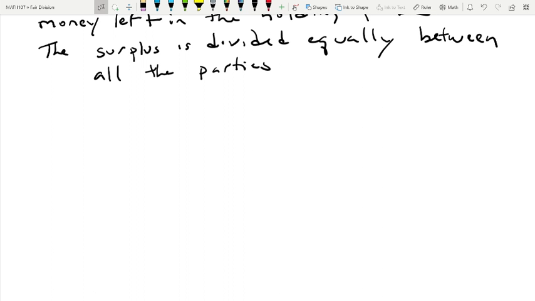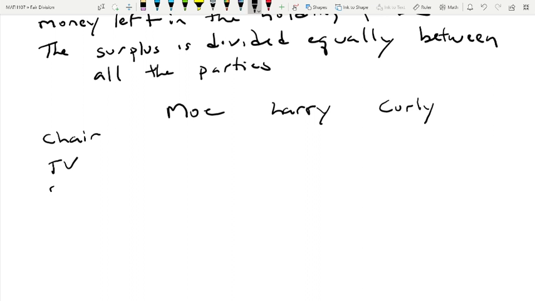Again, we'll have Mo, Larry, and Curly. And the items we have up are a chair, a TV, a stereo, and a couch.